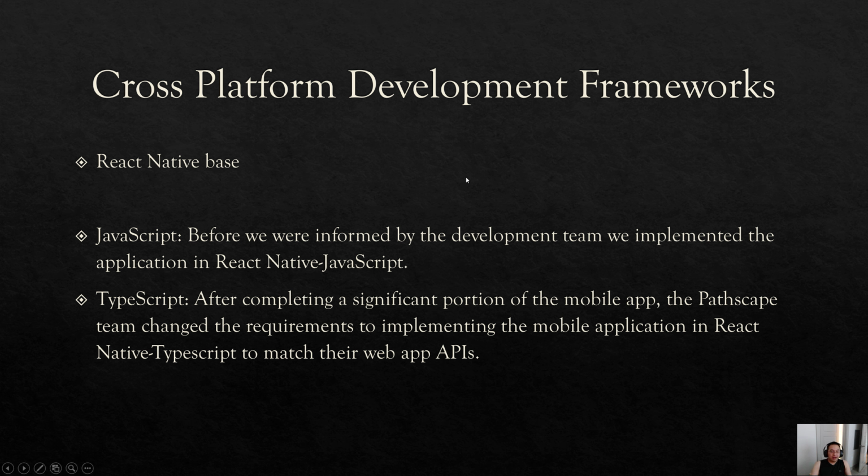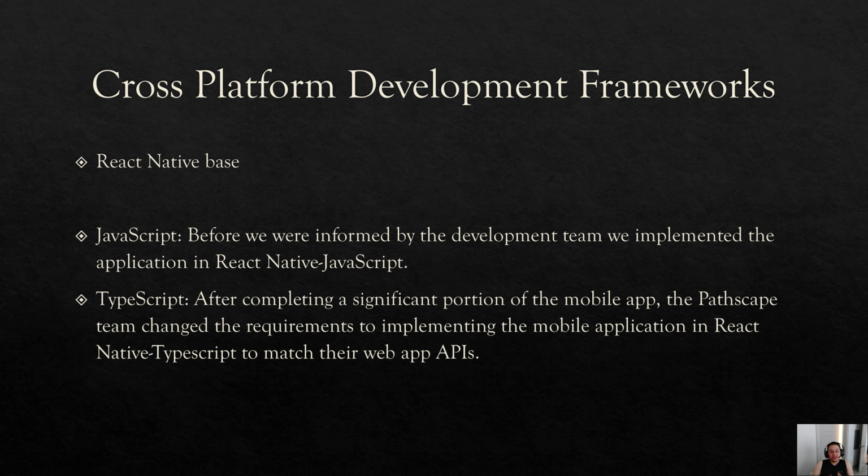More than halfway through the project, the requirements given by the development team changed, as they had realized pretty late into the stage of our application development that JavaScript was not compatible with the APIs to their web app. They wanted to keep their web app and mobile app APIs the same or similar, or branch to the same APIs.